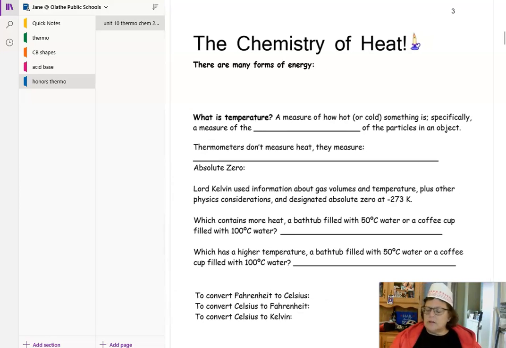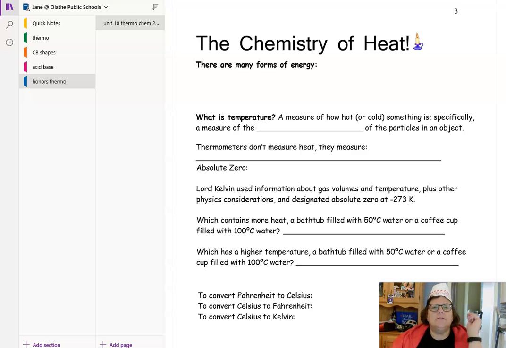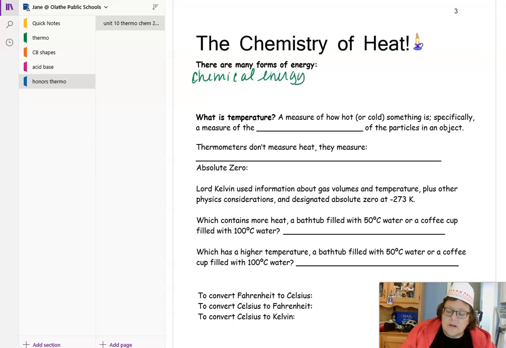Okay, so let's start with chemistry of heat. First of all, heat is a form of energy. You guys should have at some point gotten different forms of energy in middle school. Lots of different forms. Chemical energy, which is the energy that comes from breaking bonds.